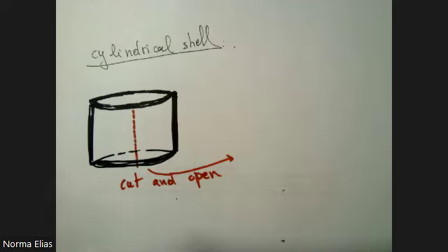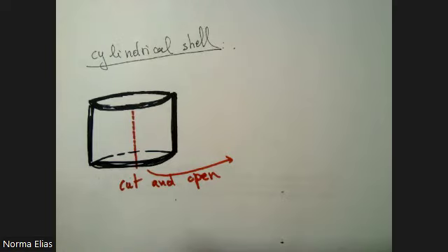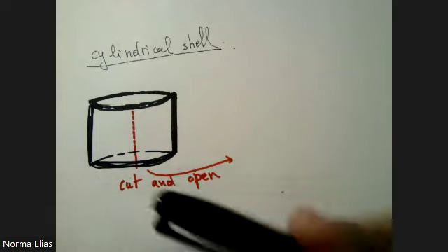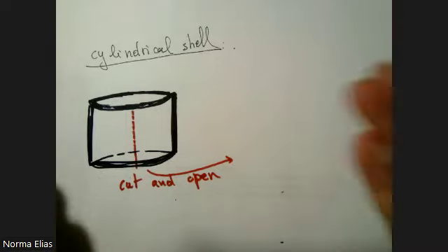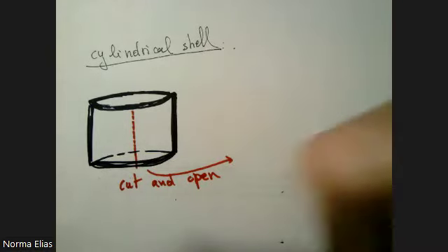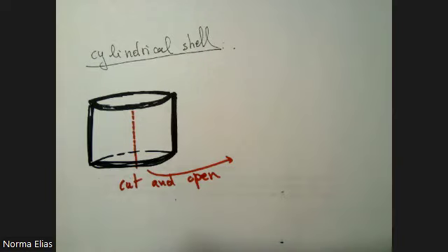Semicircle? No. Think about a cylinder in your head and open it. A can of pop. Take a can of pop and open it. What do you get? Cut it on one side and open it. What do you think you get? Rectangle.